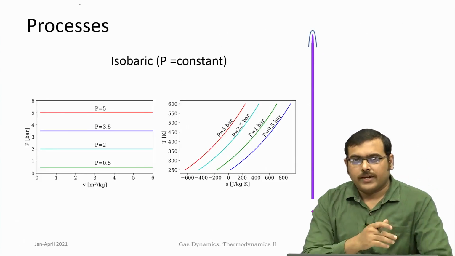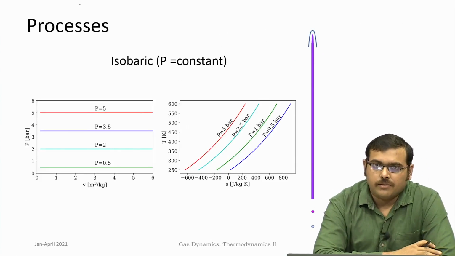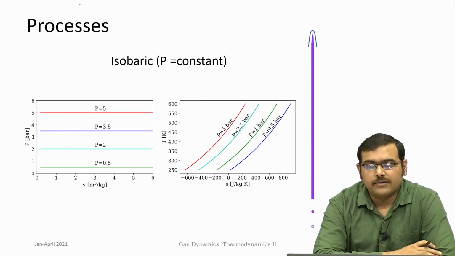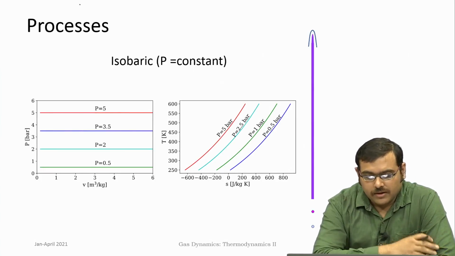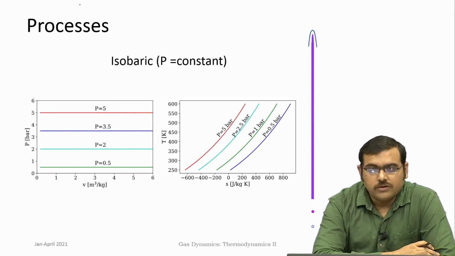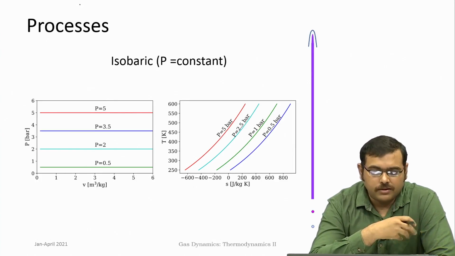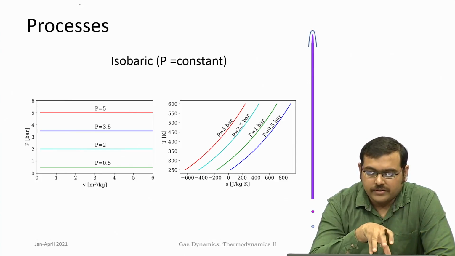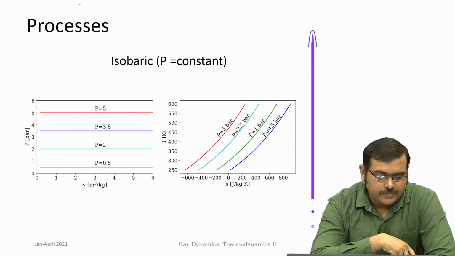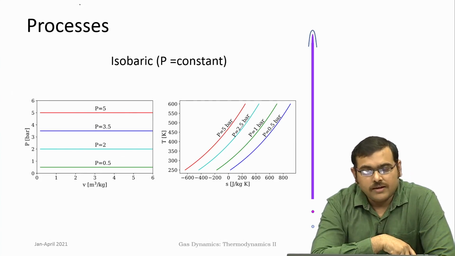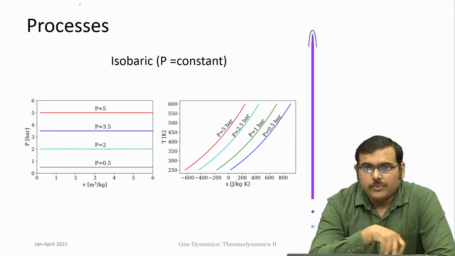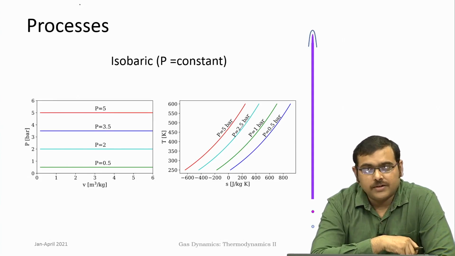So, now let us look at different kinds of processes and how they are represented on thermodynamic charts, thermodynamic diagrams. It is very useful to do this because immediately it is visually available to look at various aspects of the process, and the common types of representations are the pressure specific volume PV diagrams, or the temperature and entropy TS diagrams.